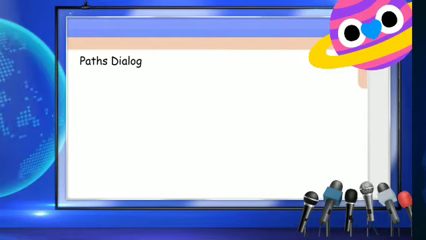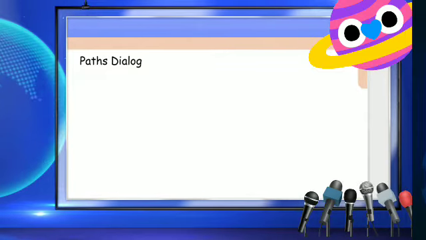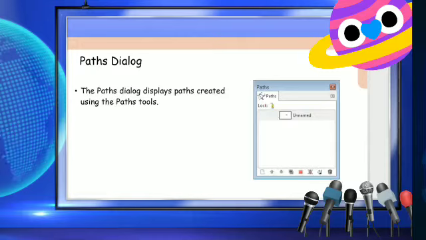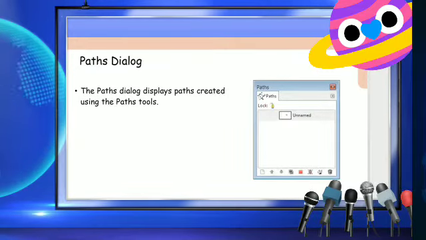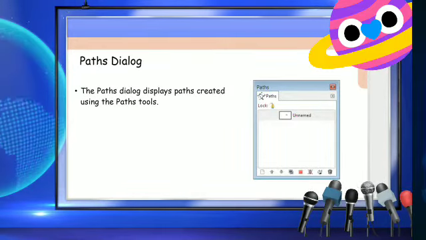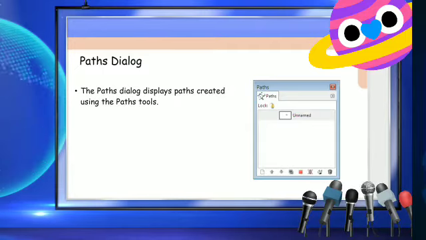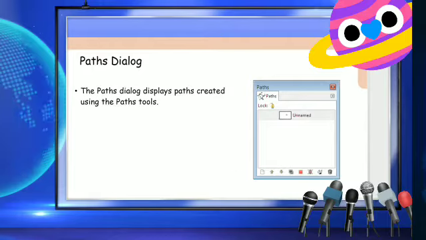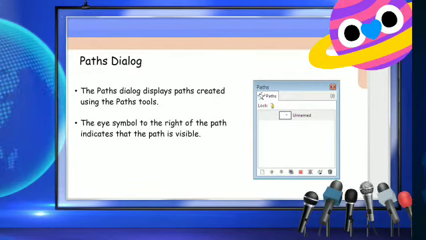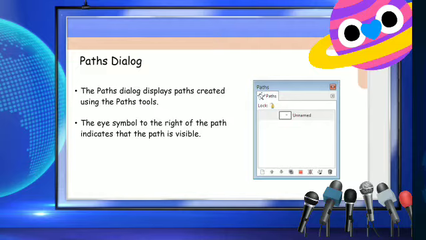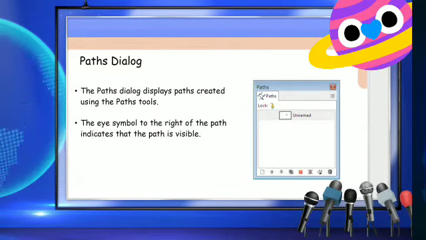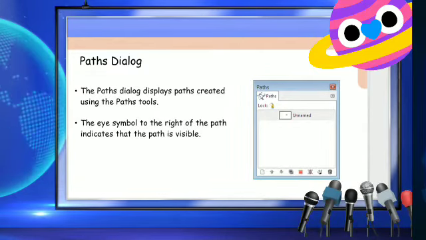Next, the path dialog. By using this dialog, you can choose your path and create your own path. The paths dialog displays the paths created using the paths tools. Next step, the eye symbol to the right of the path indicates that the path is visible.